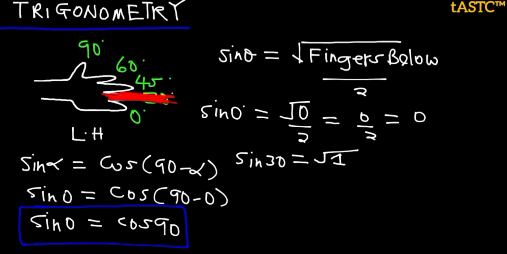In this case, we have a 1 as the finger which is below 30 degree. So that will be divided by 2. The square root of a 1 is basically a 1. So this will be divided by 2. And so that is basically the answer. You could write it as 0.5 or 1 divided by 2. Now sine 30 is equal to 0.5 or 1/2.